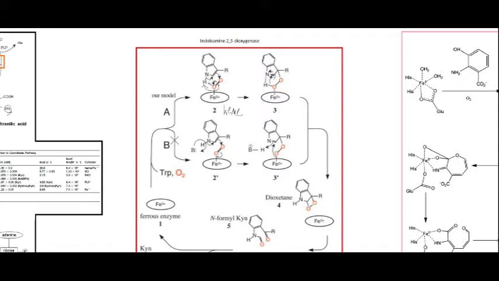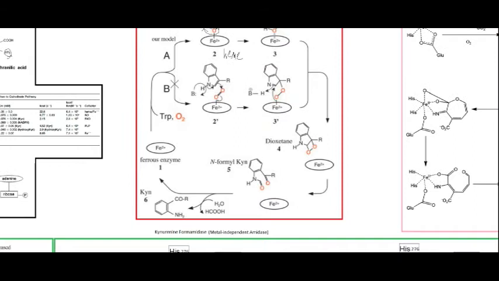So we end up with this intermediate here, this dioxetane, and then the oxygens actually split apart, which is, two oxygens bound together is a peroxide, and peroxides tend to split apart. That's what they do.